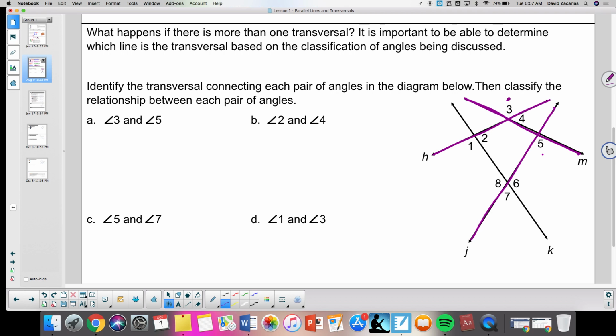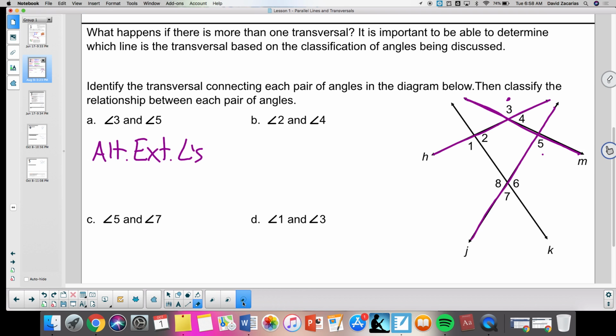So in this case, if M is the transversal, notice 3 and 5 are on alternate sides of the transversal, and they're on the exterior of the 2 lines that it's crossing. Alternate exterior angles.